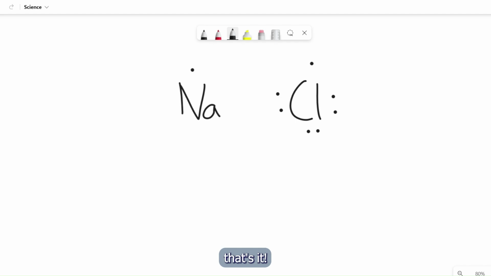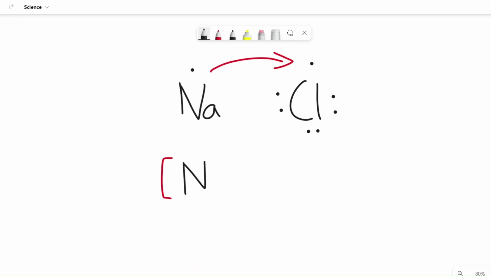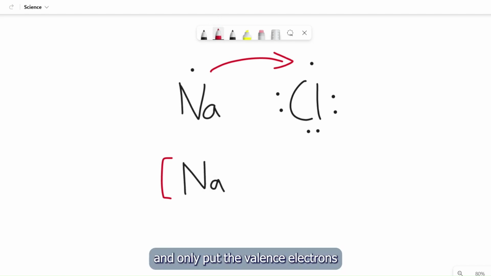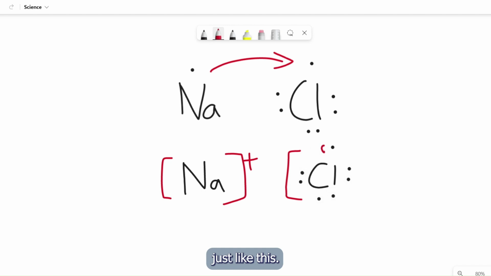That's it. And then if we want to show the ions, we just put them in brackets and then only put the valence electrons. Just like this. Very simple, right?